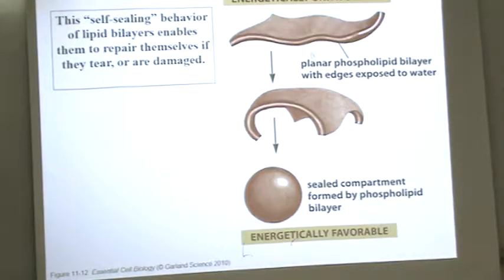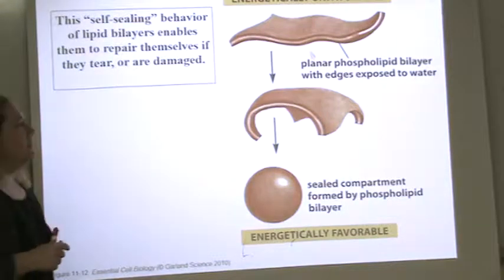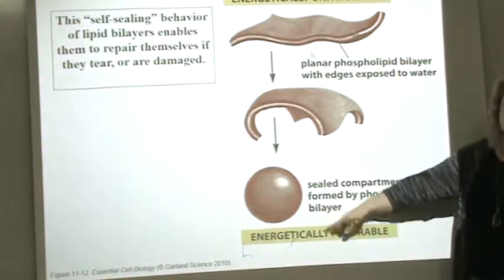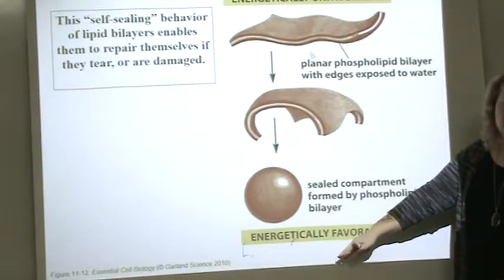The second reason that this amphipathic nature and self-association is great for cells is that if the plasma membrane rips, if it sustains damage, and if the damage is not totally catastrophic, free edges will self-seal, which is cool.